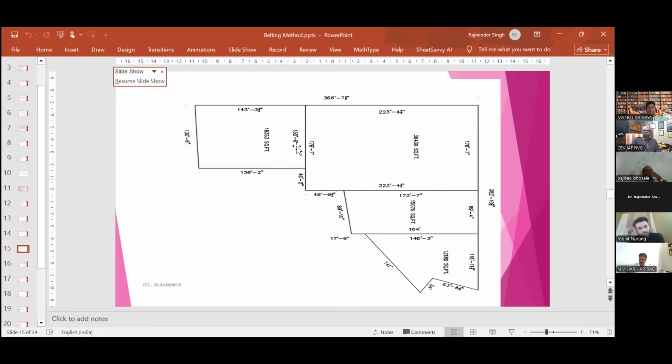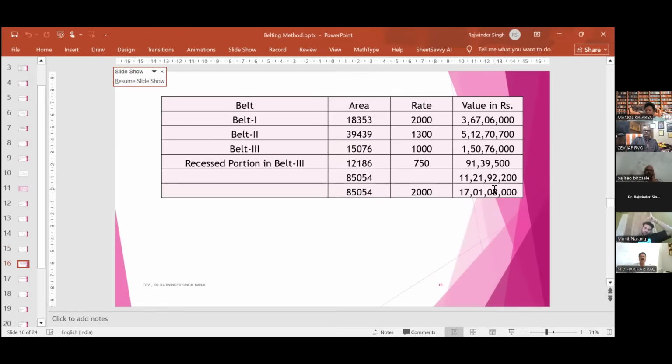So if you apply the same rate, there will be a huge difference here. We have calculated the value as 5 crore, 17 crore, 1,08,000. The value, if you had applied 2000 over the whole area, see here, the total area would have been much higher, and this value would have been much higher.